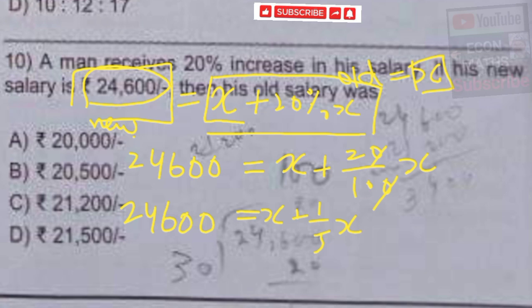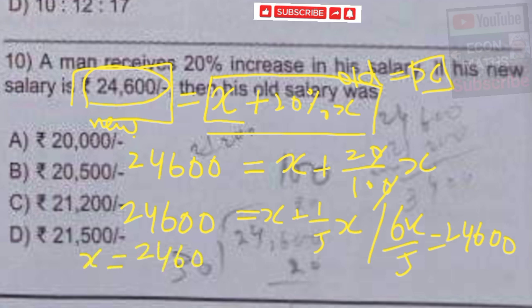So this is 5X plus X is equal to 6X divided by 5. So I will write here 6X divided by 5 should be equal to 24,600. When solving this, X would be equal to 24,600, and transposing 6 divided by 5 will become 5 by 6.